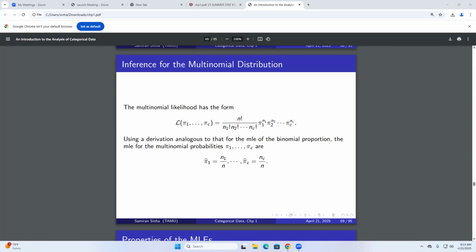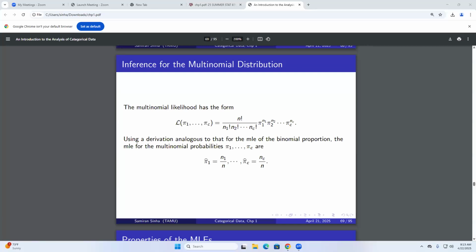Let's get started. We have been talking about inference for the multinomial distribution. And in the last class, we introduced the probability mass function for the multinomial observations.